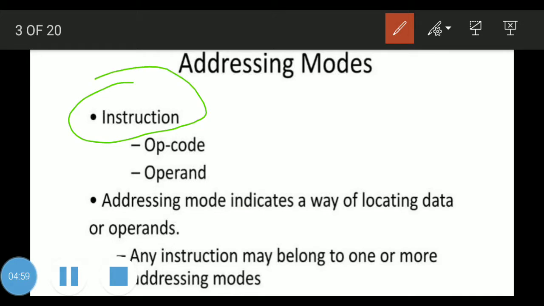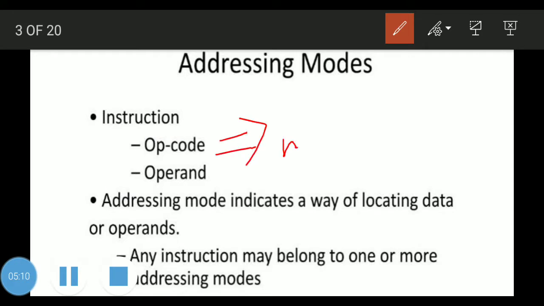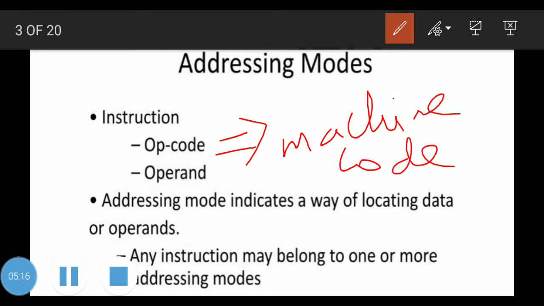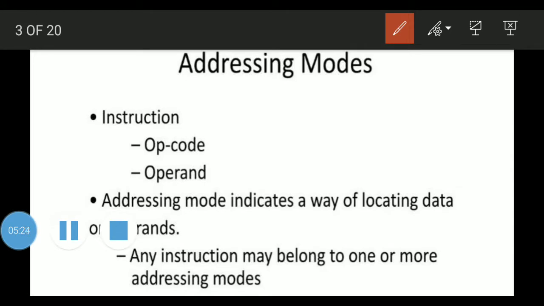Here the opcode is also called machine code. Now addressing mode indicates a way of locating data or operands. Any instruction may belong to one or more addressing modes. Whatever instruction we consider will belong to one or more addressing modes.